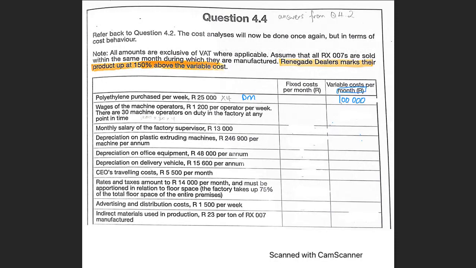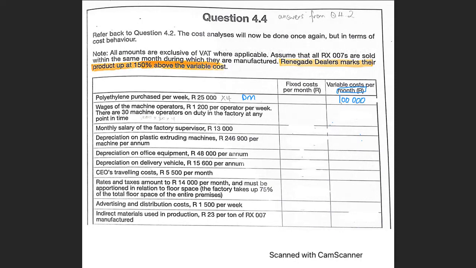So that's the first one, your direct material, which is variable in nature, because this is saying to you that it is going to change with your level of activity, meaning the more we produce, the more we will require, the less we produce, the less we will require. So that is your first item.